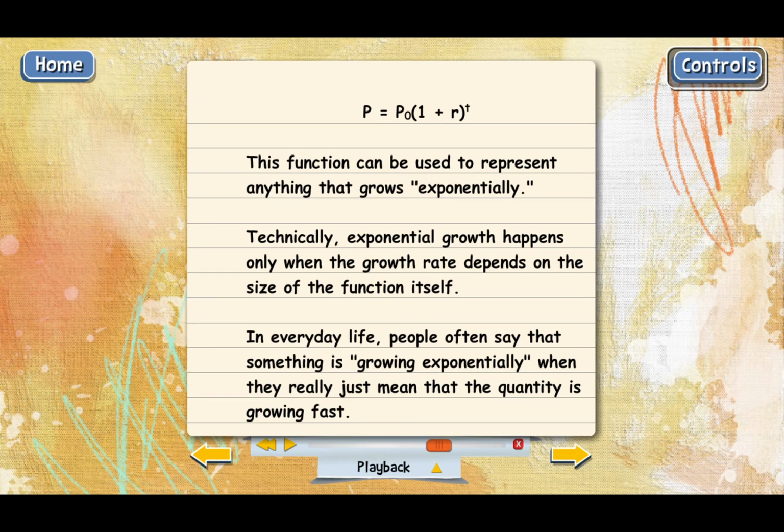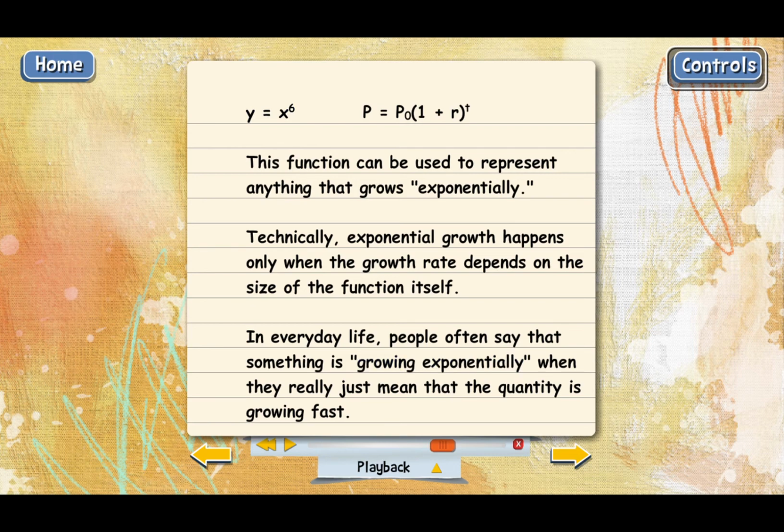For instance, we could have a function that looks like this: y equals x to the 6th. This is really rapid growth. As x goes up, y is going to go up really fast because you're always going to raise the x value to the 6th power. That's really growing fast. But it's not exponential growth because the growth rate doesn't depend on the value of the function itself. But you'll hear this term a lot in everyday conversation.